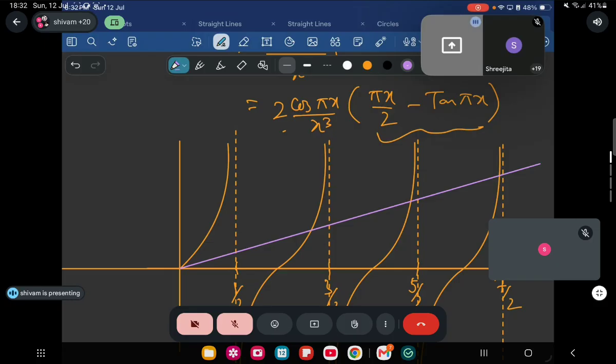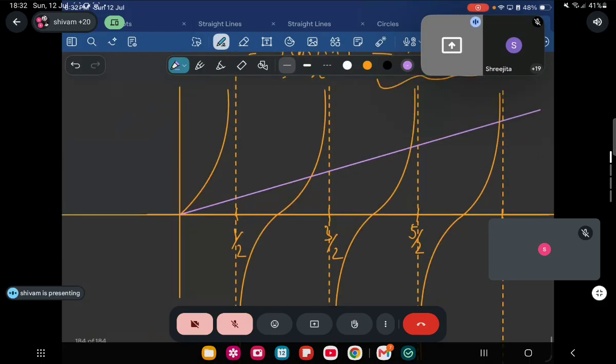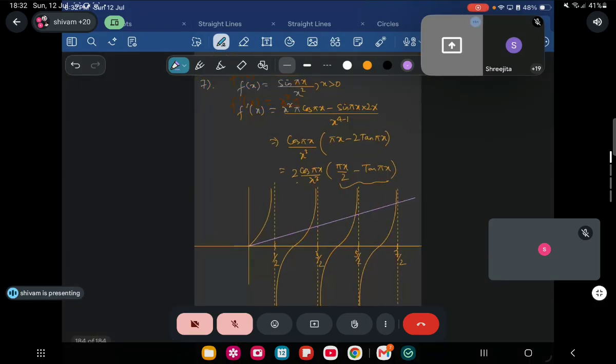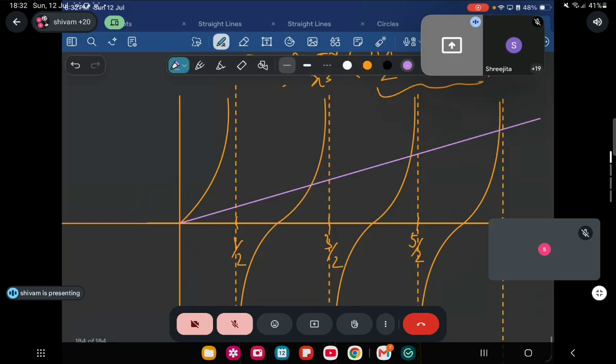Next, everyone pay attention. I have got one critical point over here. Now we need to understand whether it is maxima or minima. I've got another critical point over here, and again we need to understand whether it is maxima or minima. I've got another critical point over here, and we need to understand whether it is maxima or minima.